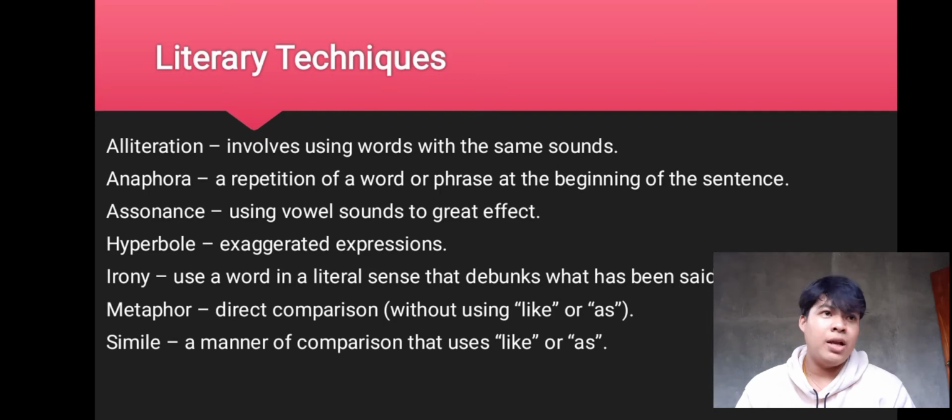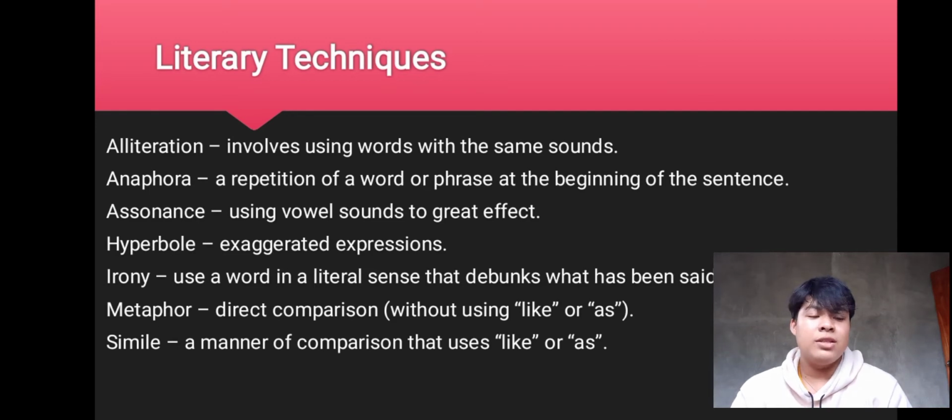I'll give you some examples. Just like "quick question." As you can see, both words start with the consonant letter Q. However, it is alliteration because of its consonant sound, not the letter.